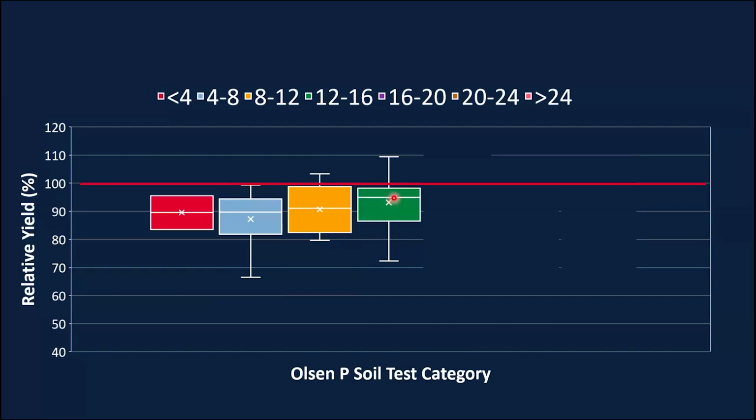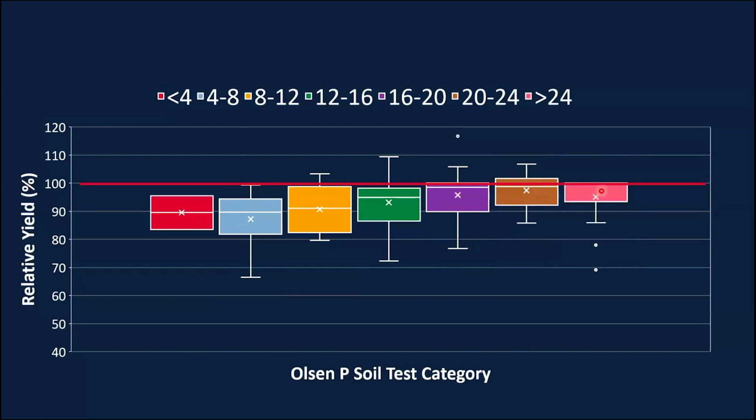That 12 to 16, we start to get up to about 95%, that mean value. And then once we're at 16 to 20, these lines are pretty similar to each other as we increase there. So it's just another way to look at that same data, grouping it a little bit differently. But we can still see, at 16 and above, we're pretty close to around that 100% once we get above there.